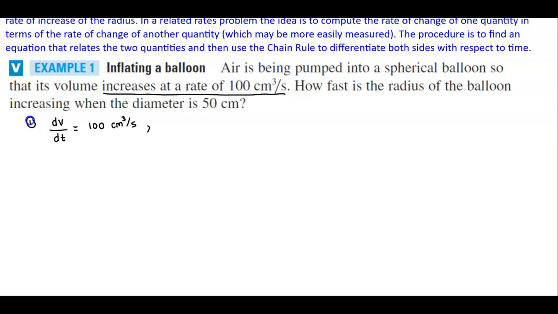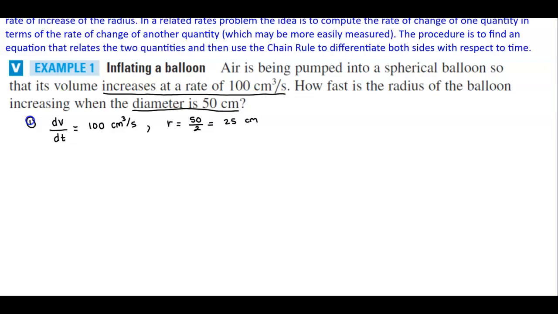We also know the diameter is 50 centimeters. So if we wanted to find the radius, we would take half the diameter: 50 divided by 2, which gives us 25 centimeters. So now we know what the rate is, and we know what the radius is.